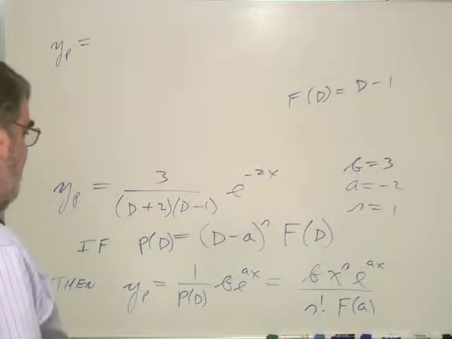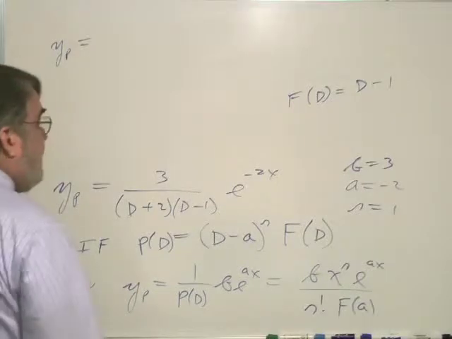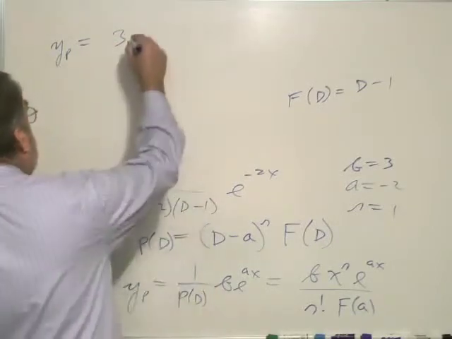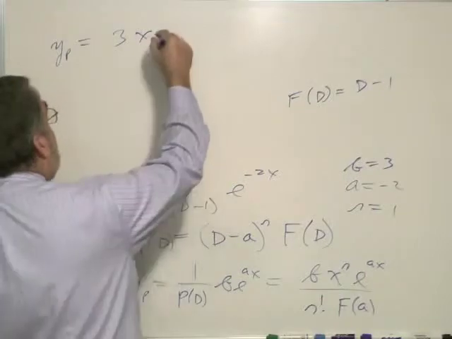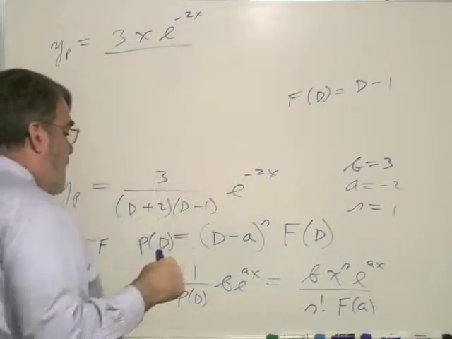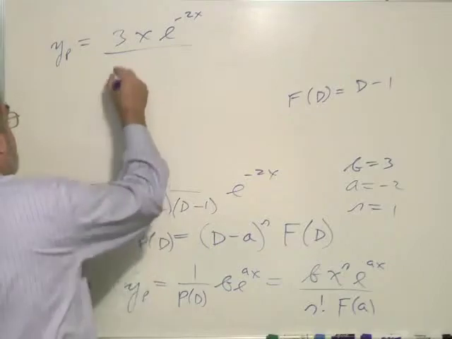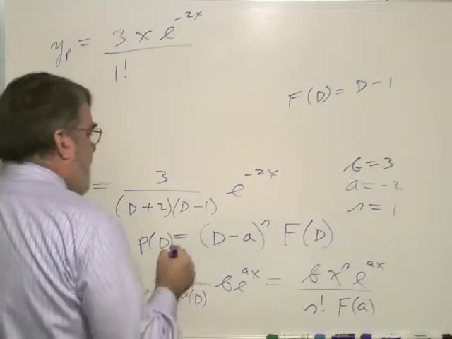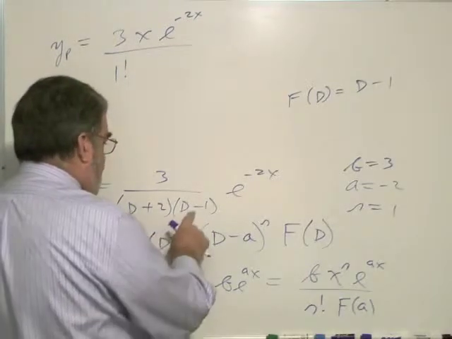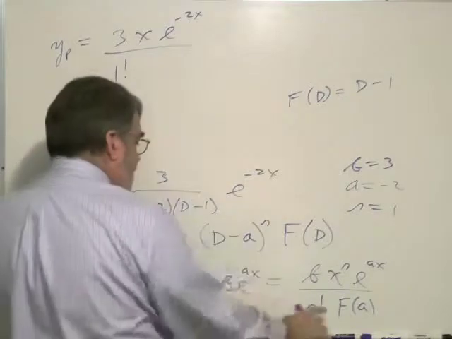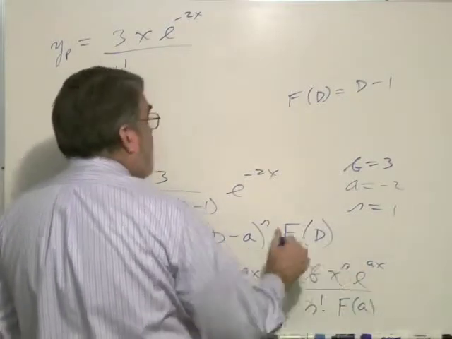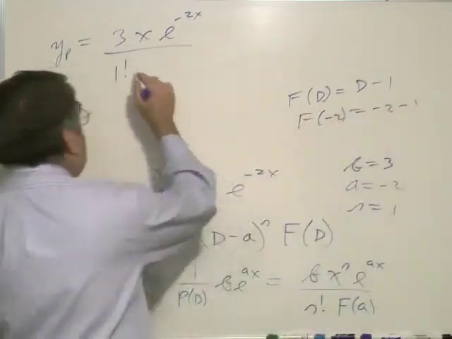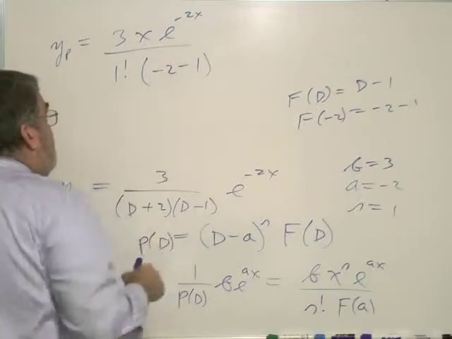So do we have all the ingredients? Oh, I think so. We have b, 3, x to the r power, x to the first power, e to the ax, e to the negative 2x, over r factorial, that's 1 factorial, which is just equal to 1. And then f of d was d minus 1. So when I plug in a, which was negative 2, f of negative 2 would be negative 2 minus 1.